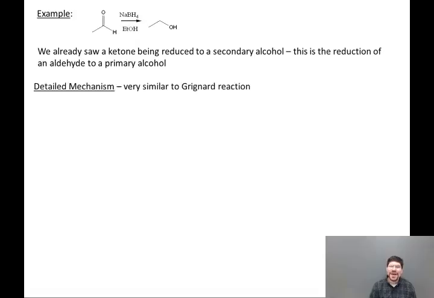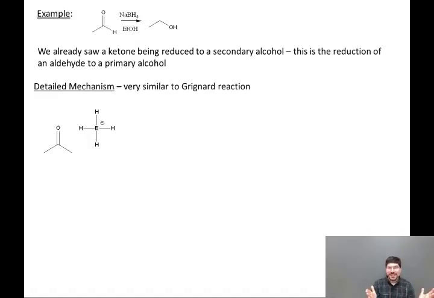Okay, so let's look at the mechanism, and the mechanism of this reduction is very similar to that of the Grignard reaction. So the carbonyl group of the ketone and the sodium borohydride will approach each other such that their dipoles attract. The boron is the positively charged end of the BH dipole.